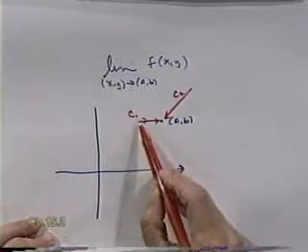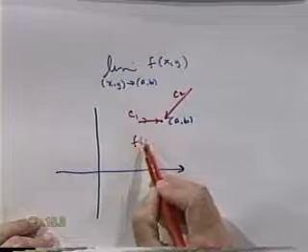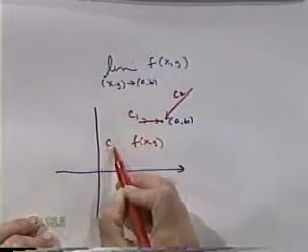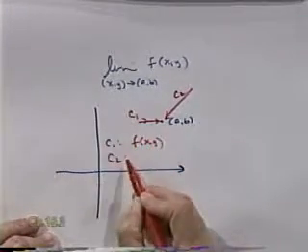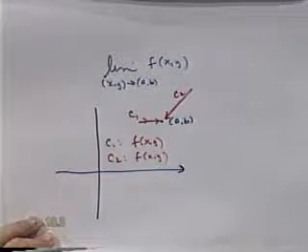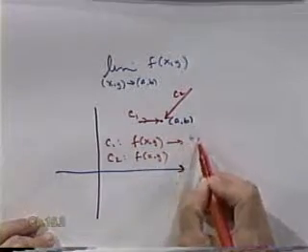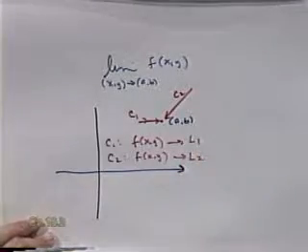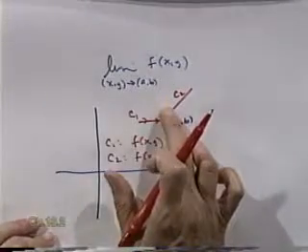If I look at what my f(x, y)'s are going to as I go along C1, and what my f(x, y)'s are going to as I go along some curve C2, if you're getting 2 different limits there, then there's no way the limit can exist.